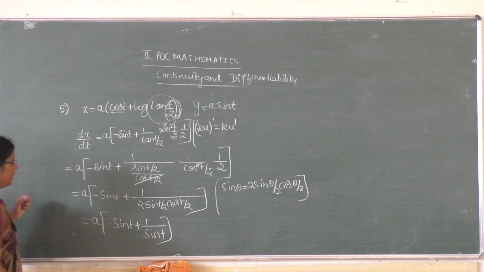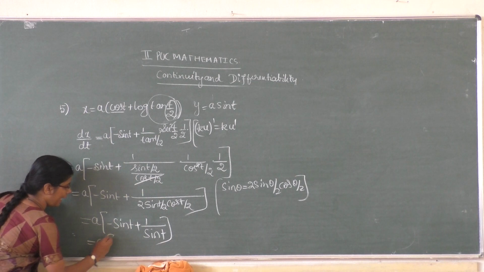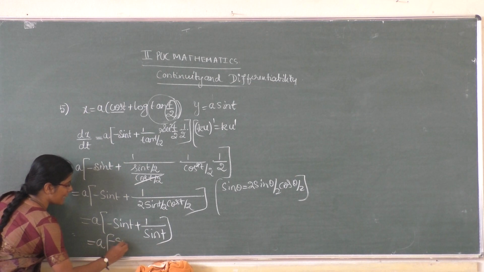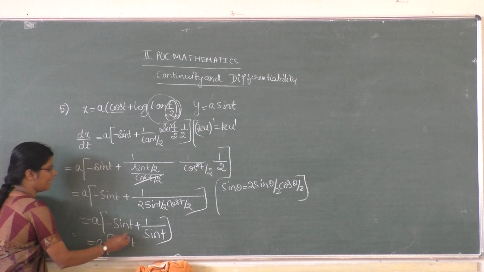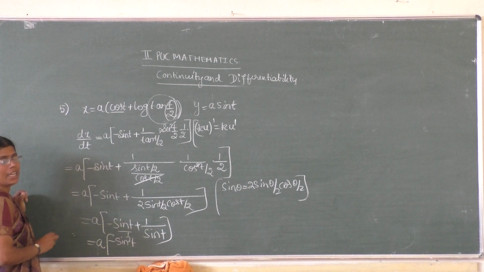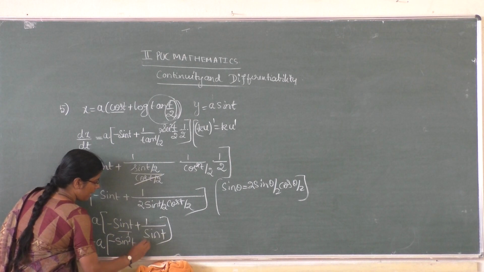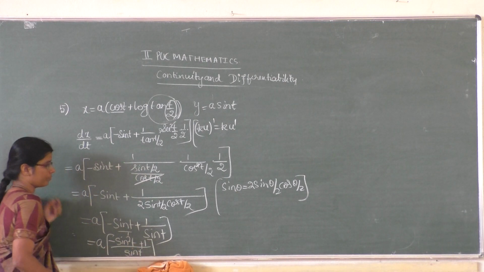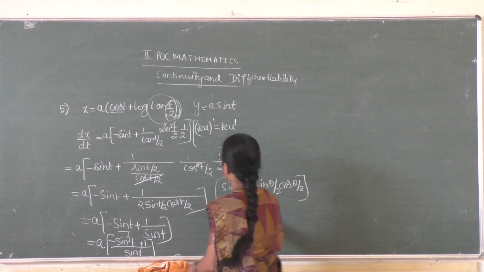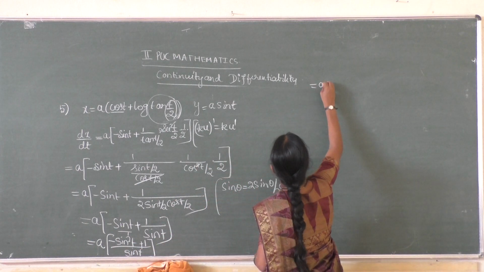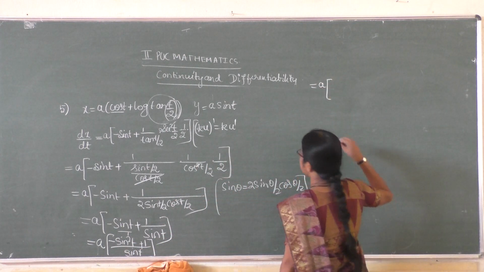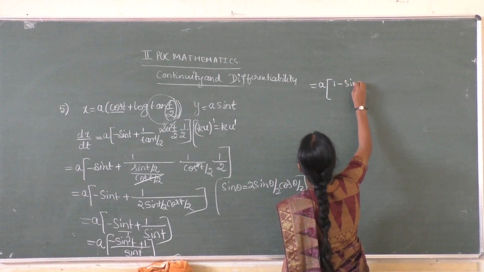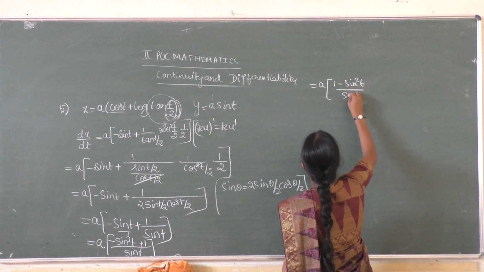Okay, so this equal to a into minus sin square t, LCM, here sin t, here denominator we have 1. So minus sin square t plus 1 divided by sin t. Okay, so we get a into 1 minus sin square t divided by sin t.